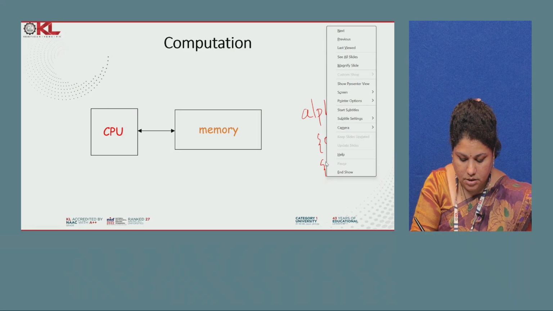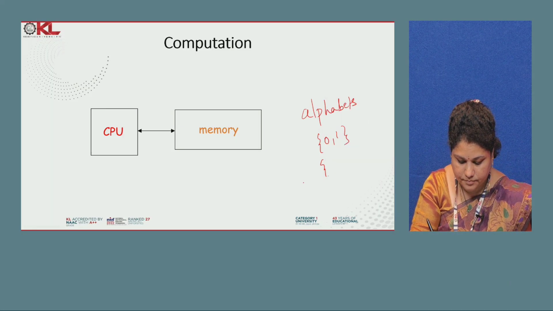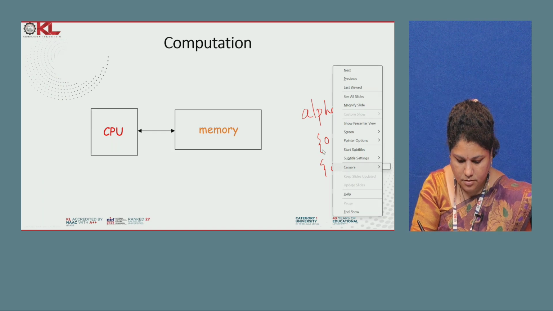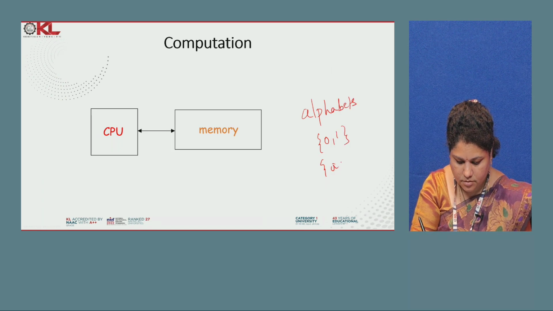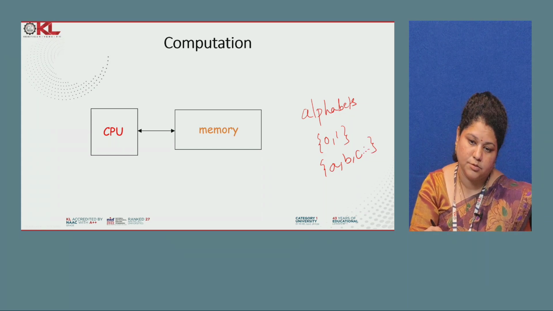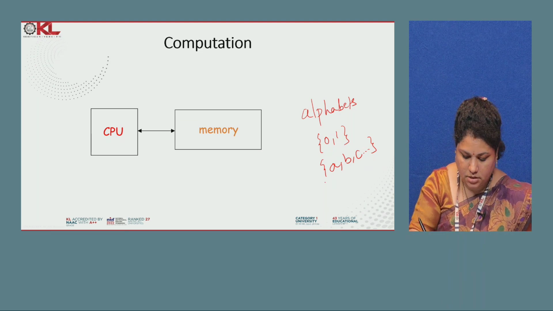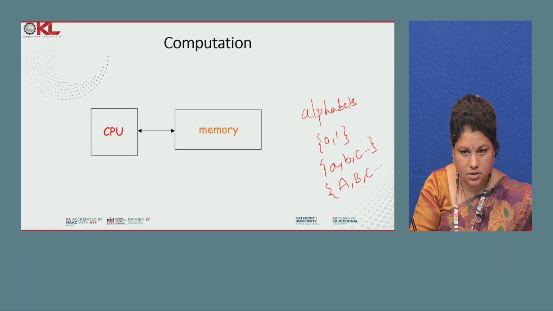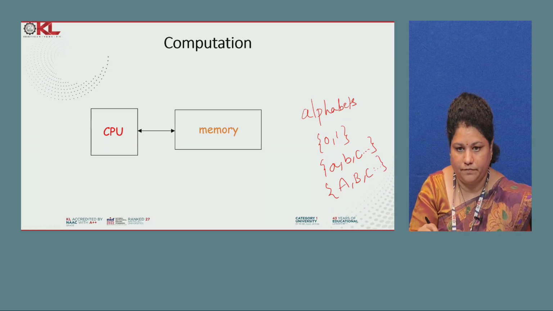After that, a, b, c. These are all small case alphabets. A, B, C. These are all capital alphabets.